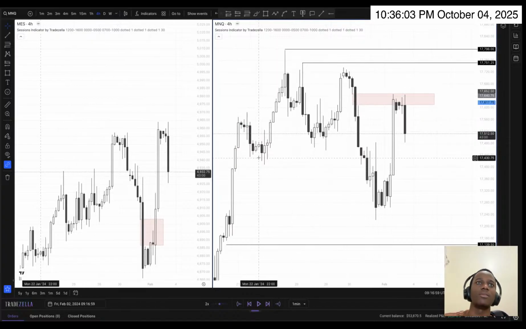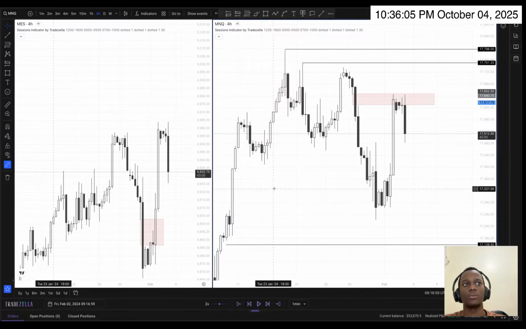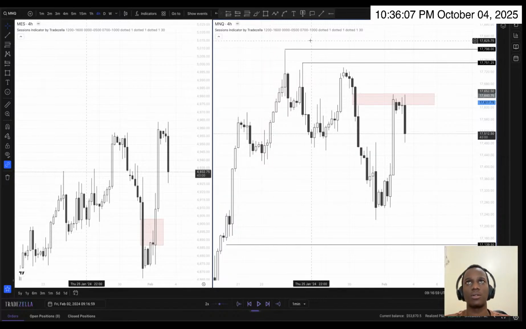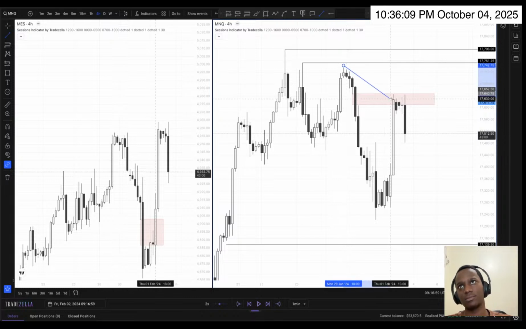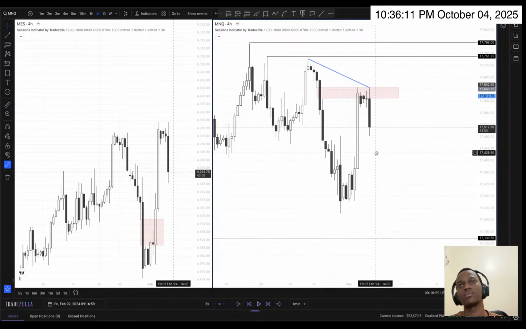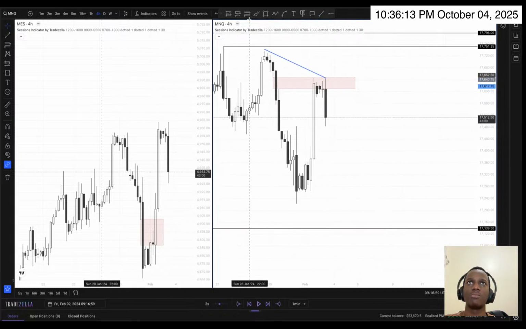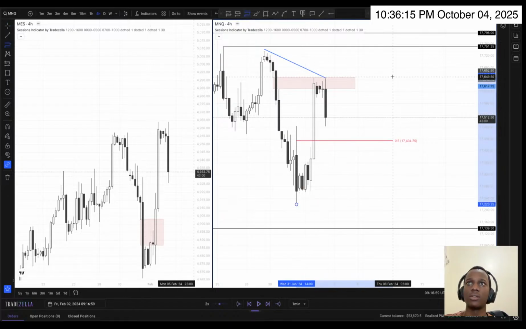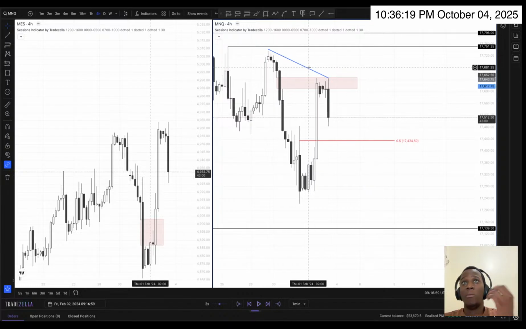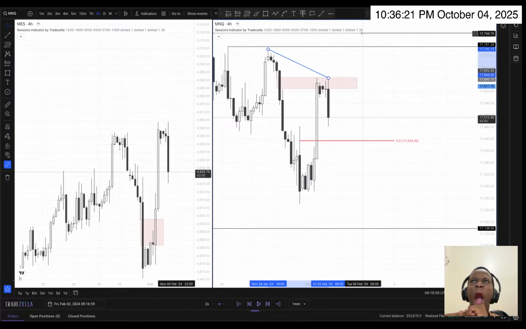Do we have an SMT on the lows? No. So we have some correlation here. Now where is the discount of this move, this swing here? I'm pretty close to it, but that could be the internal target.